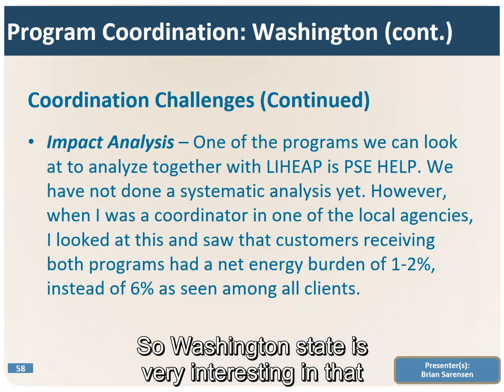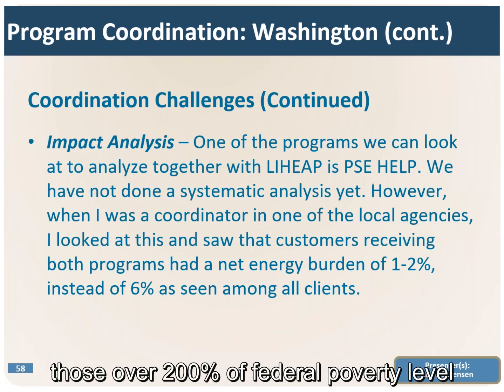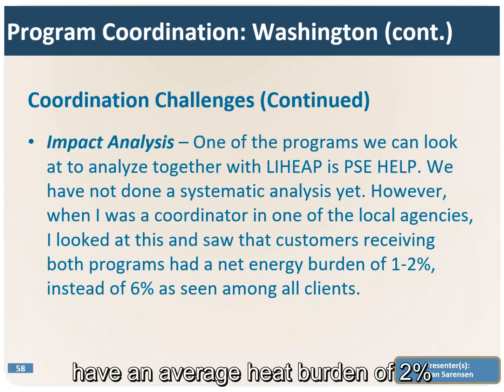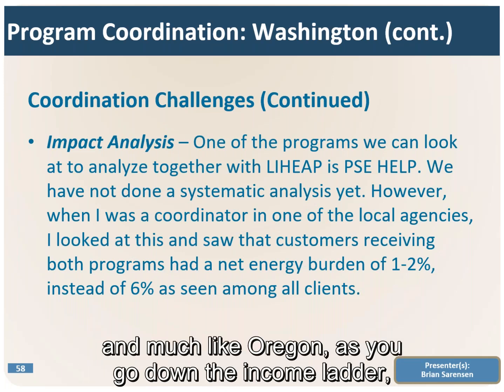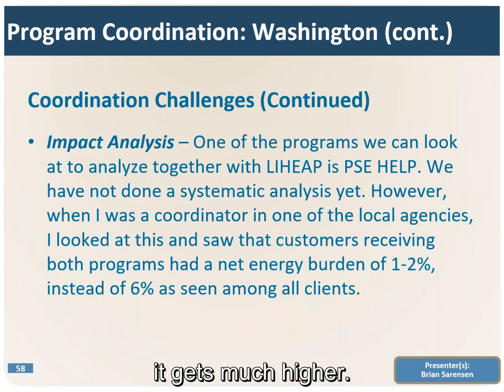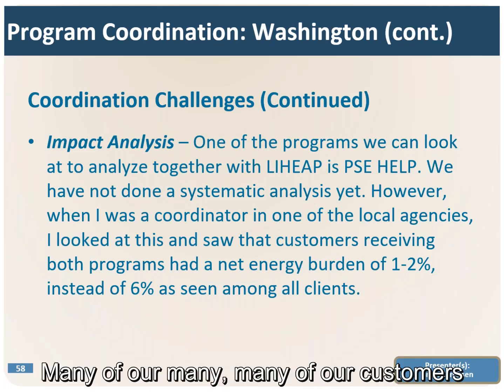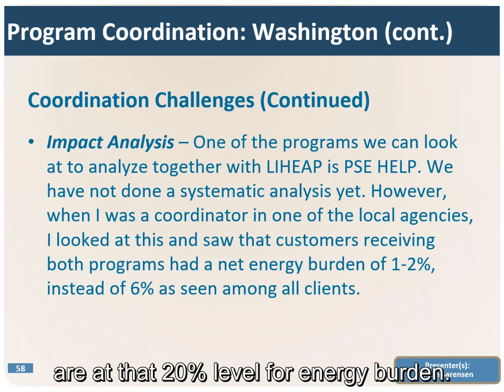So Washington State is very interesting in that those over 200% of federal poverty level have an average heat burden of 2%. And much like Oregon, as you go down the income ladder, it gets much higher. Many of our customers are at that 20% level for energy burden.